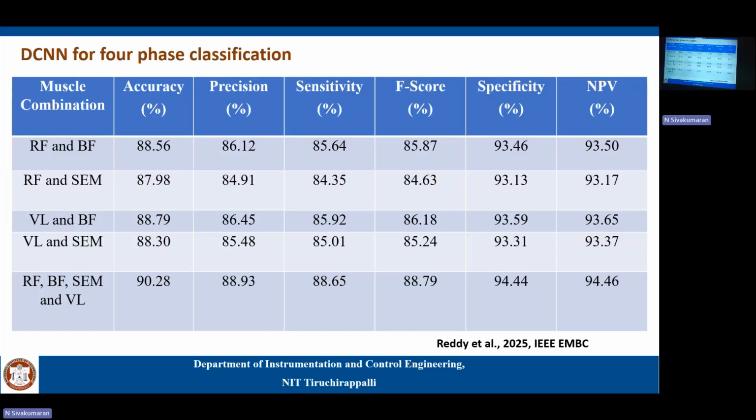We could achieve about 90% when we use all the four muscles, and when we use any two muscles, the percentage is a little low. Now what do we understand from this? What is the big deal in this?